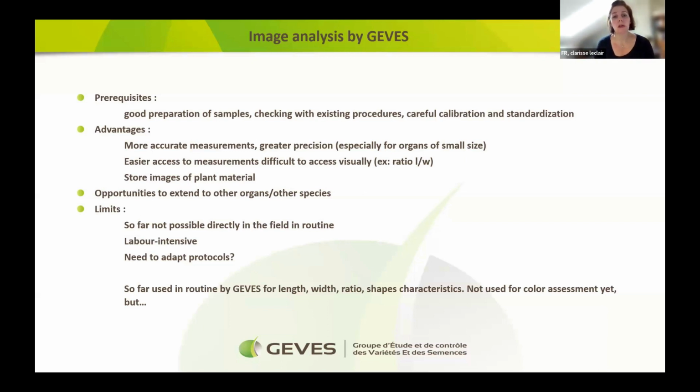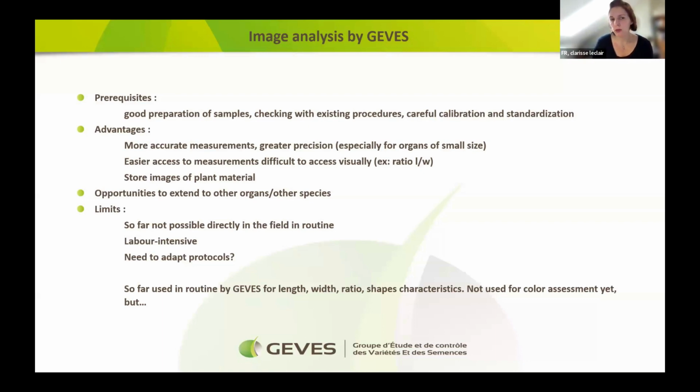And also, sometimes it helps when the characteristic is quite difficult to assess visually, for example, for ratio or for some parts of the stipule. It's not so easy to assess with the human eye. You can be distracted, you can say. And sometimes we think we have a greater precision with this analysis.